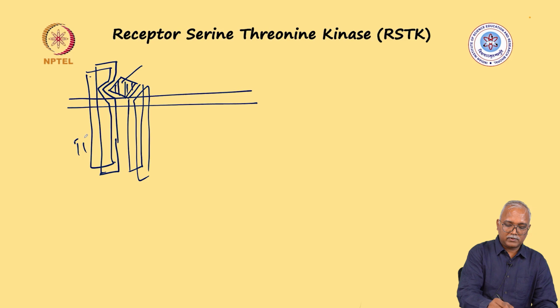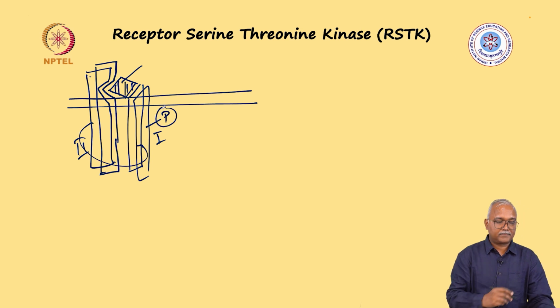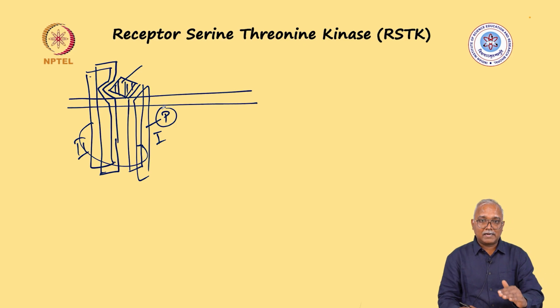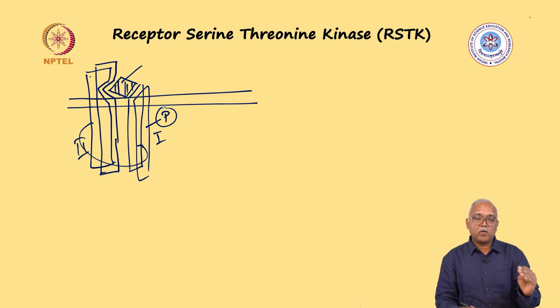So type 2 dimer, type 1 dimer, ligand binding is mediated by that. Now this type 2 receptor will phosphorylate here, and this will be taking the signaling forward. And if you think about different types of receptor, I started by saying that bone morphogenetic protein, through that we understood different components of the receptor serine-threonine kinase signaling.